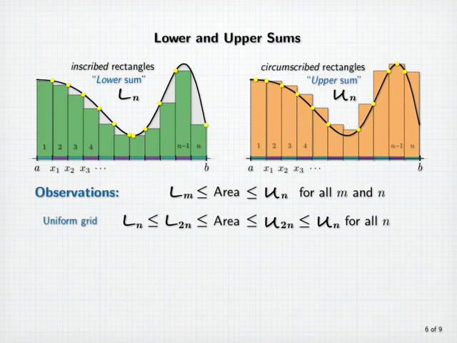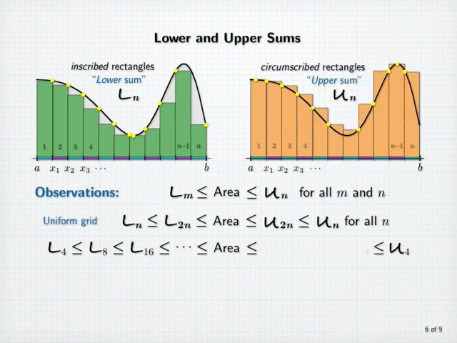So what this tells us is that by doubling the number of rectangles successively, lower sums will tend to increase toward the value of the area, while upper sums will tend to decrease toward the value of the area. So what's happening is that the area tends to be squeezed between the lower sums and the upper sums as we let n get larger and larger.